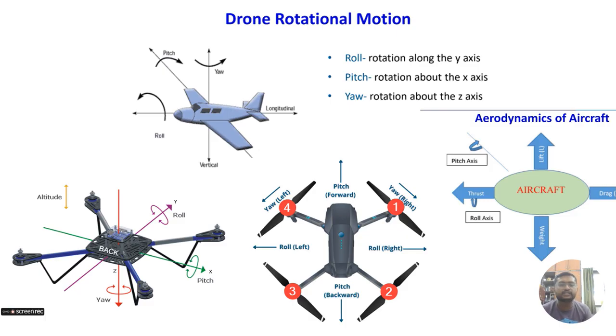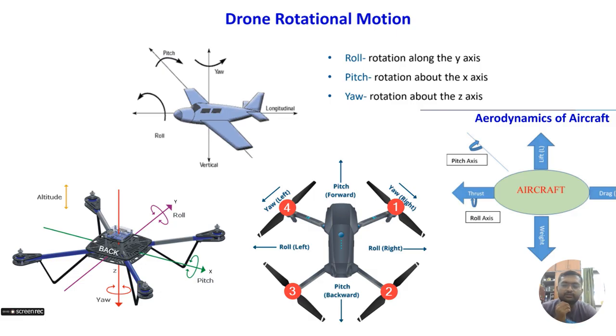If you do the rotation around the y-axis, you can go either right or left. So if your drone is like here, then if you do a rotation like this, you can go towards the right side or left side. Then pitch is a direction around the x-axis, like this and like this. Using that you can go either forward or backward.